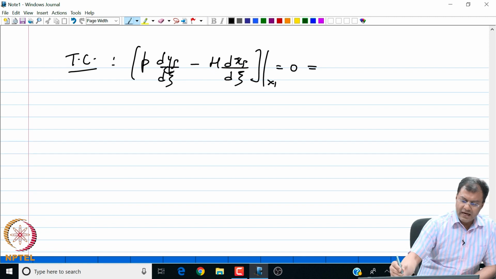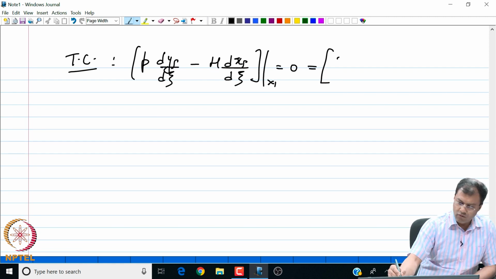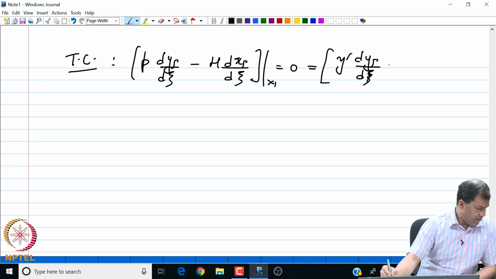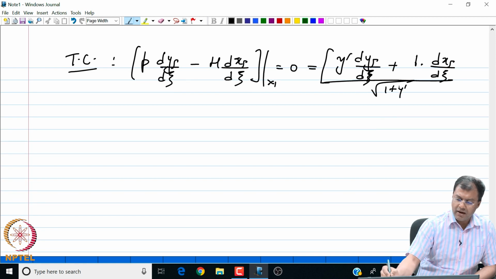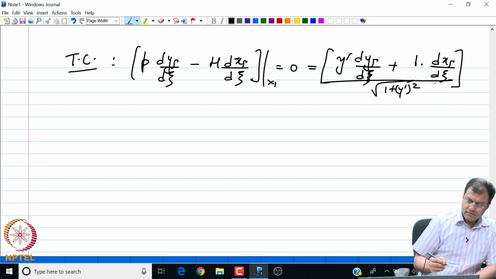and we plug in P and H. I see that this is also equal to y prime dy gamma d psi plus, H was equal to minus 1, times dx gamma d psi divided by square root 1 plus y prime square. This is equal to 0, right.